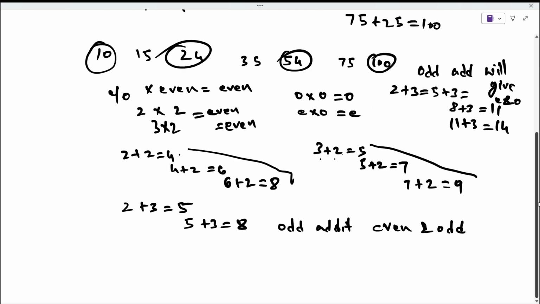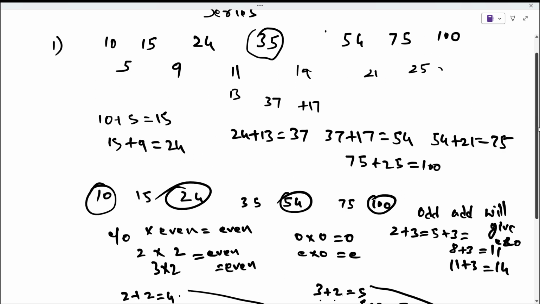Right. Not in even addition, not in even multiplication, not in odd multiplication. If numbers are shifting between even and odd, that means there must definitely be some kind of odd addition. Most probably it is odd. In this case, 5.